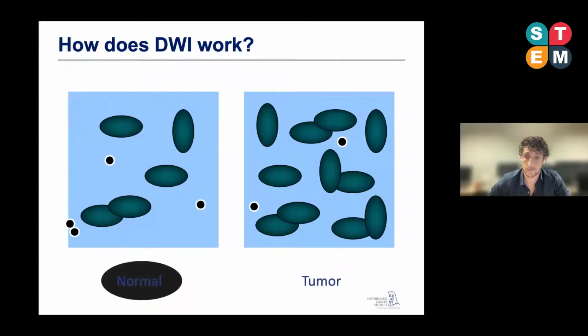Are there tissues with really restricted diffusion? That means that the water molecules cannot move freely around. Then, in the case of tumor, the area of that image will become white.